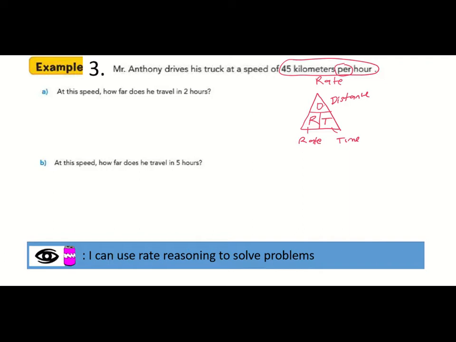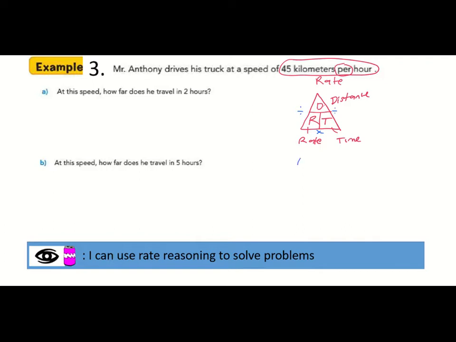I'm going to put a multiplication sign down here between the R and the T, and I'm going to put a division sign either on the side of the D and the R, or on the side of the D and the T. So here's one equation that we can write.